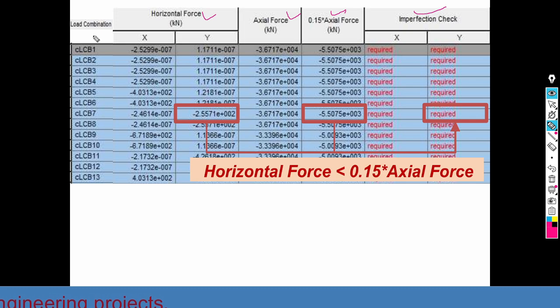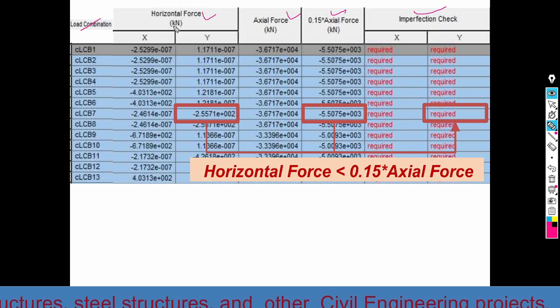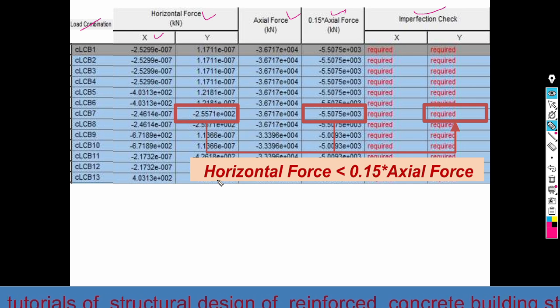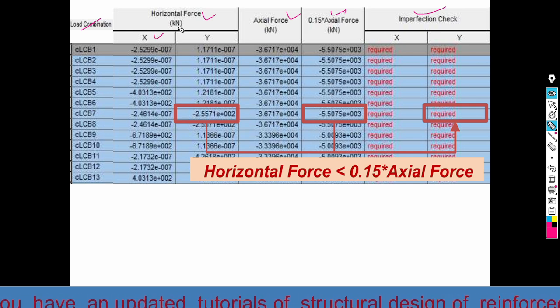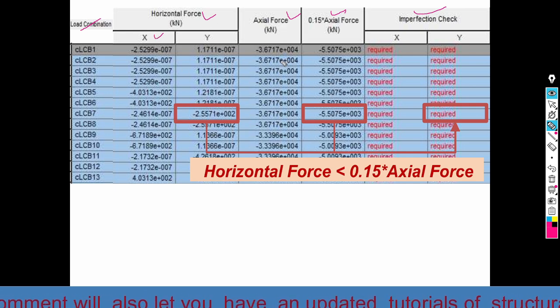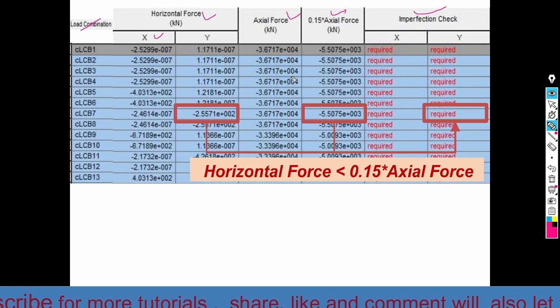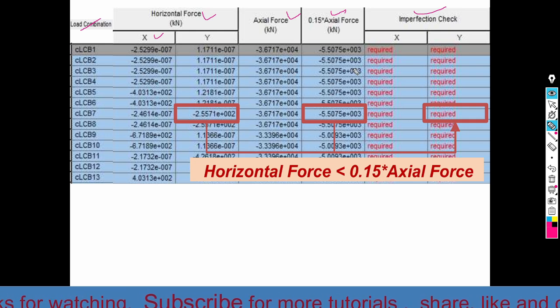So this is the load combination. For a specified load combination, the horizontal force in x direction is just this one, and in y direction is just this one. I have already shown you how to extract this horizontal force, and the axial force is this one, which is the governing critical axial load.